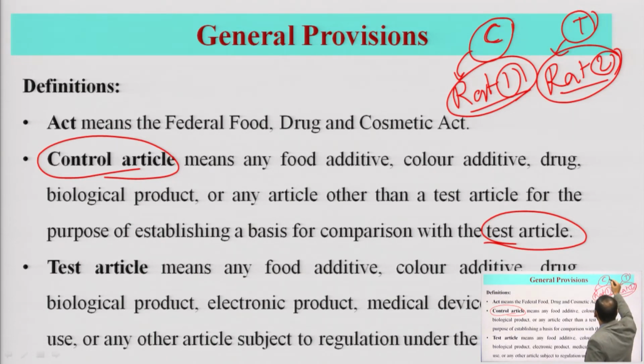For control, you have taken one marketed drug, for example imatinib, and you have got the IC50 value.